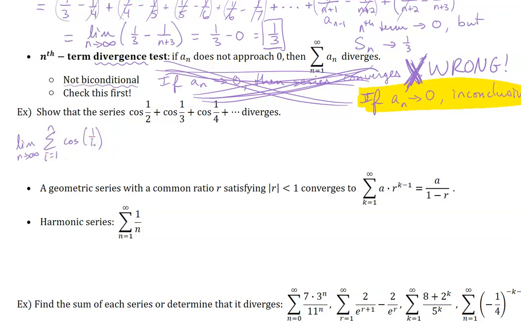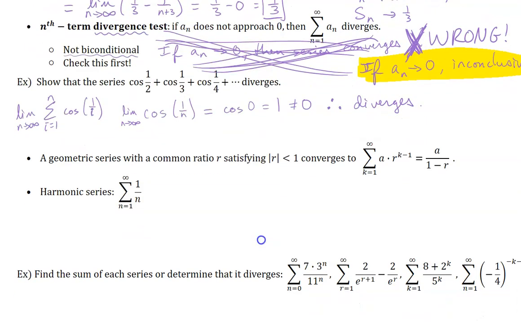This would be our summation notation for this series, okay? So because the nth term, cosine of 1 over n at infinity, would be equal to cosine of, and then 1 over n approaches 0, cosine of 0 is 1, which is not equal to 0, then that means we can conclude, three dots in a triangle, remember, means therefore, the series diverges. Okay?